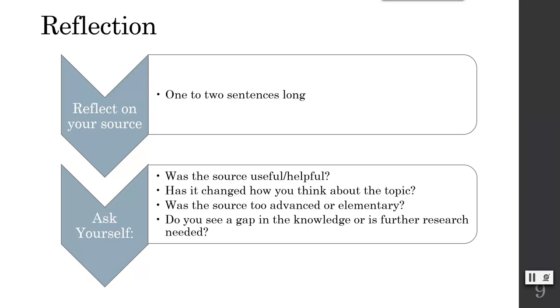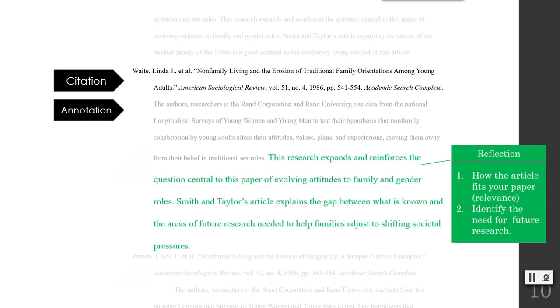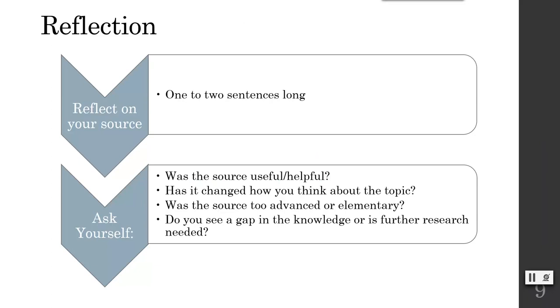Was the source too advanced, difficult to understand, or was it really elementary? Perhaps the authors actually saw a gap in their knowledge. That would be a good reflection to add into your annotation, or perhaps additional research is needed on your particular topic or your question.